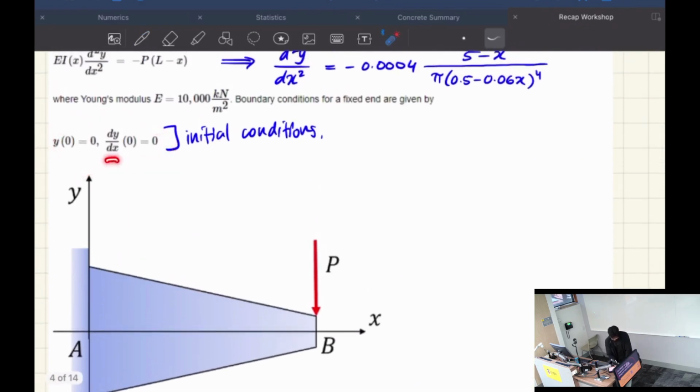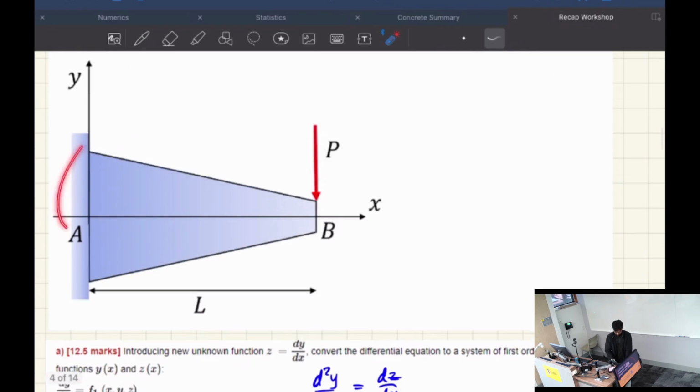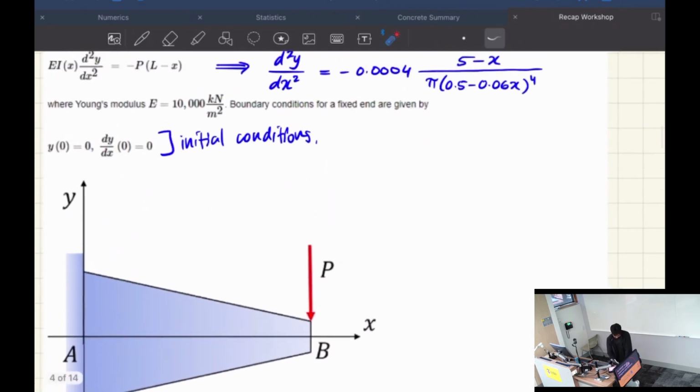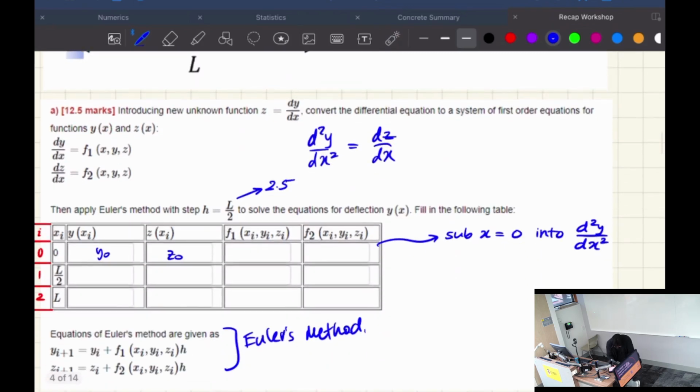Everyone see why? Do you even need to look at the diagram? No. I'm just trying to throw you off, but it's not that deep. So this is y0, z0, and therefore we just get this to be 0, 0.